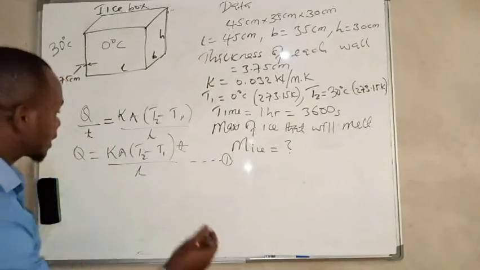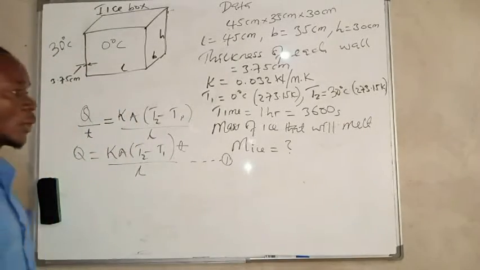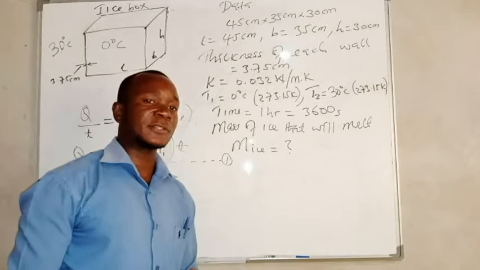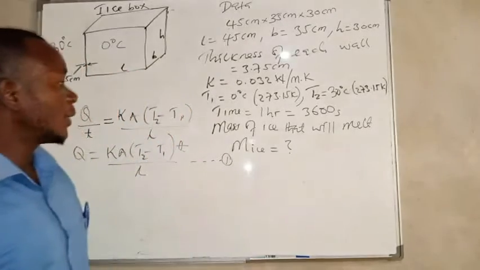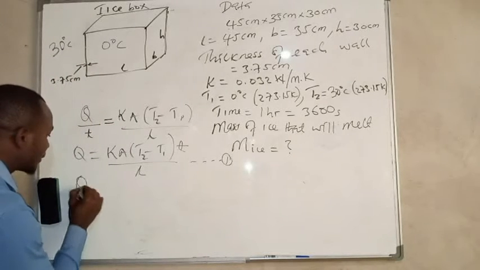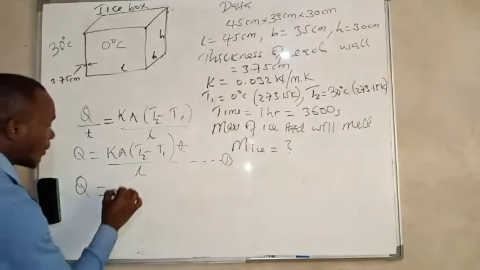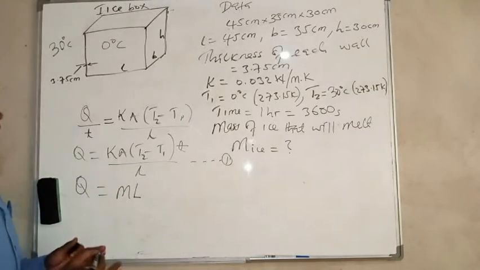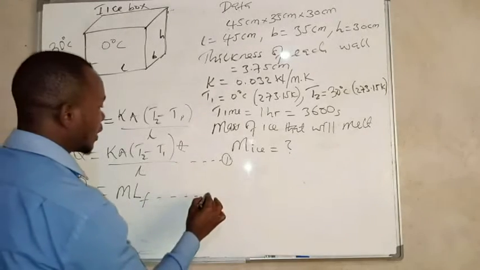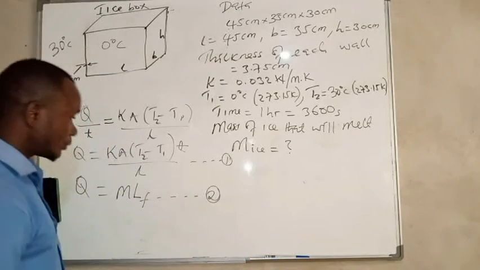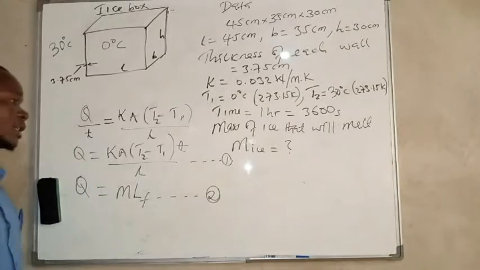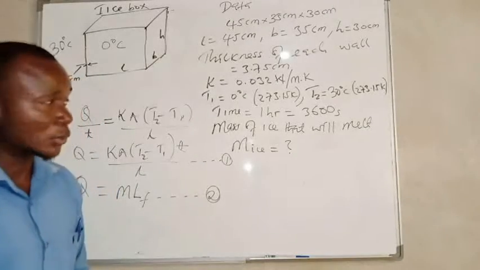Now we want to find the mass of ice that will melt after 1 hour. The heat that is needed to melt the ice is Q equals the mass times the latent heat of fusion. Let us call this equation number 2. Since both equations are heat, equation 1 and equation 2 are equal.